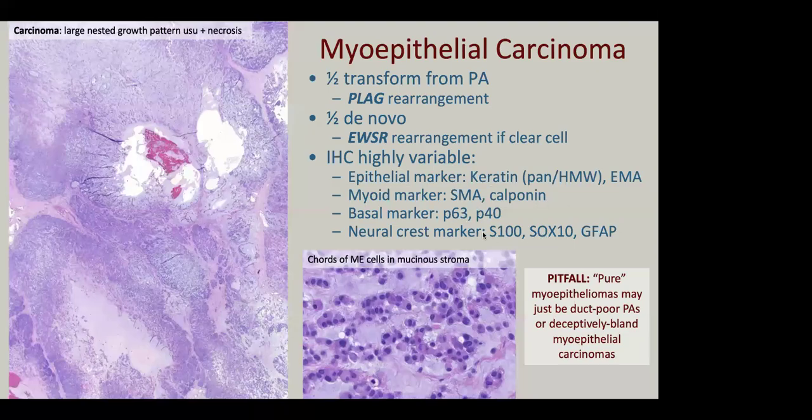So we apply a panel approach when diagnosing myoepithelial neoplasms because they can be highly variable in terms of which one of these they express. They can be morphologically very bland and still be aggressive and metastatic. So this is one of the ones we as head and neck pathologists are always very afraid of.